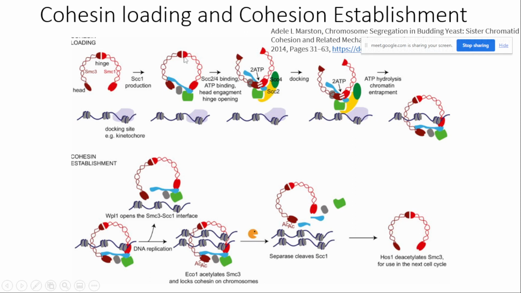Only this can be loaded into the chromosome. Everything else is fine, but the expression of SCC1 can only occur in the late G1. In early G1 you can't find SCC1. In late G1 it will start to be produced.